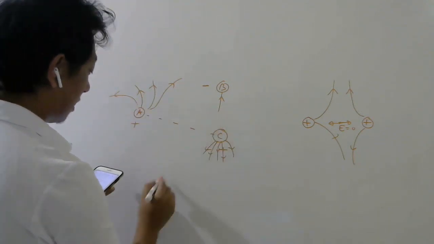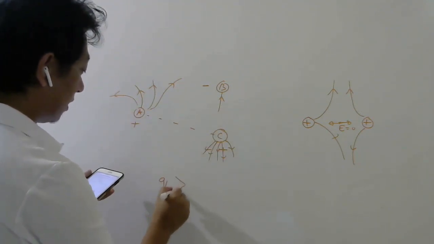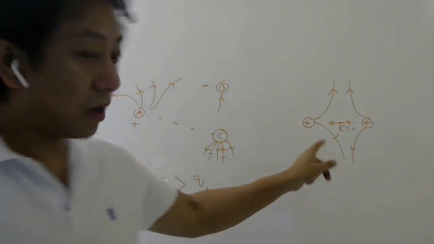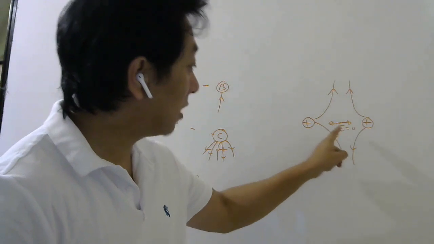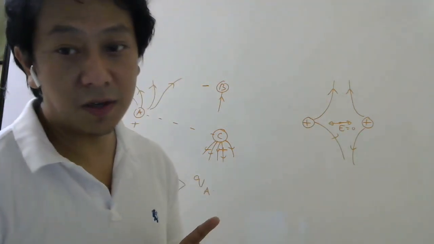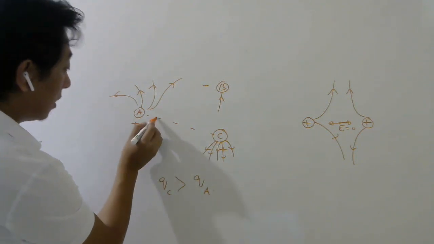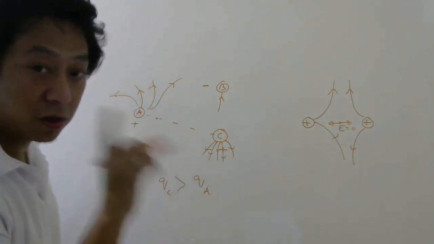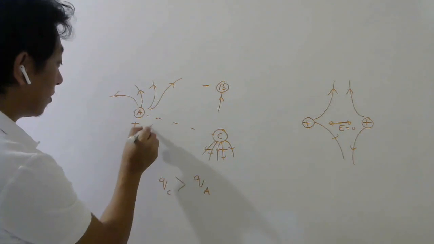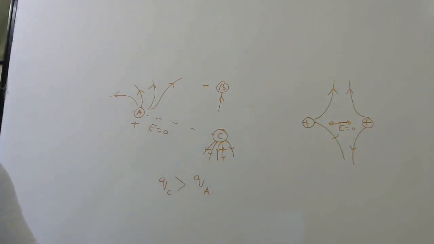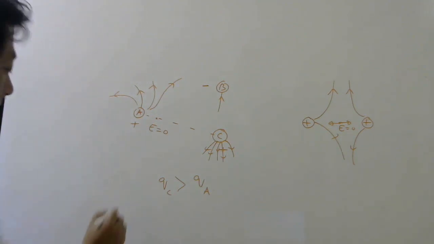That means the charge of C is greater than the charge of A. But in that picture, I told you the charges are the same. That's why at the midpoint electric field was zero. But here this has a weaker charge. So near that weaker charge, electric field will be zero. So the answer is near A. Near A means option A itself.